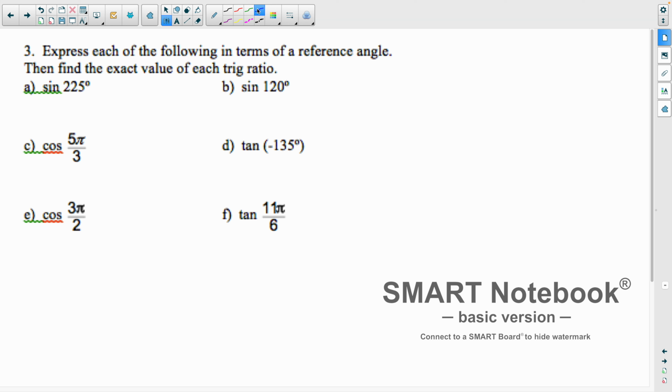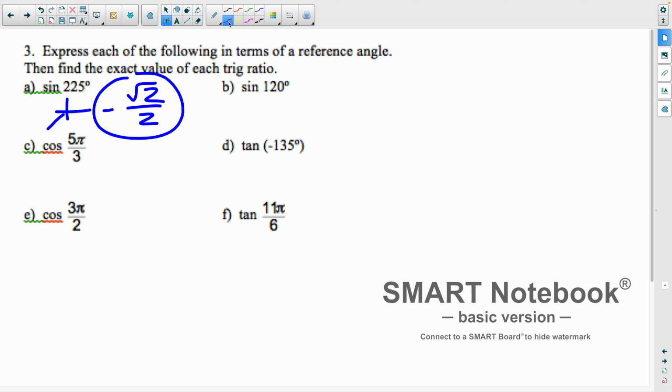So this is a 45, so I put my 45 finger down, and I get square root of 2 over 2. Now I just gotta make sure, is it positive or negative? Where is 225? Right there, and it is negative. Okay, so that's that. We'll go across.